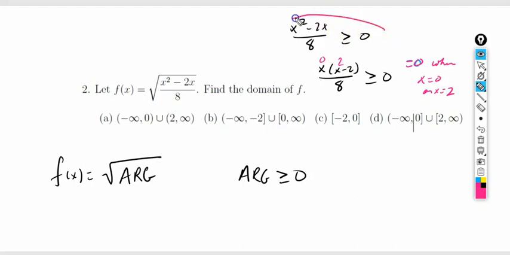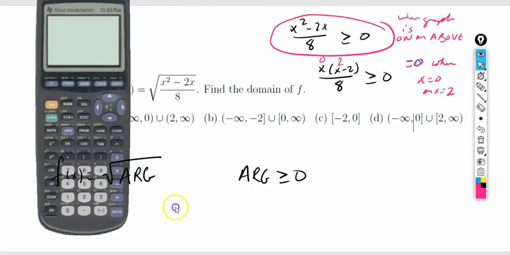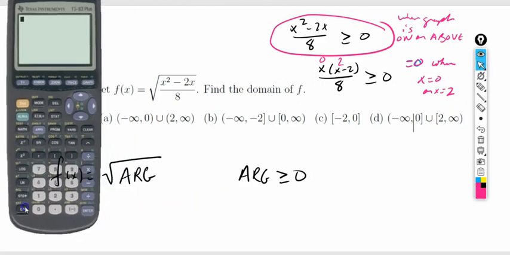So when you have something like this, how can you tell when it's greater than or equal to 0? You look at the graph, and when the graph is on or above the x-axis. So we go here and we've got x squared minus 2x in the numerator and divided by 8.